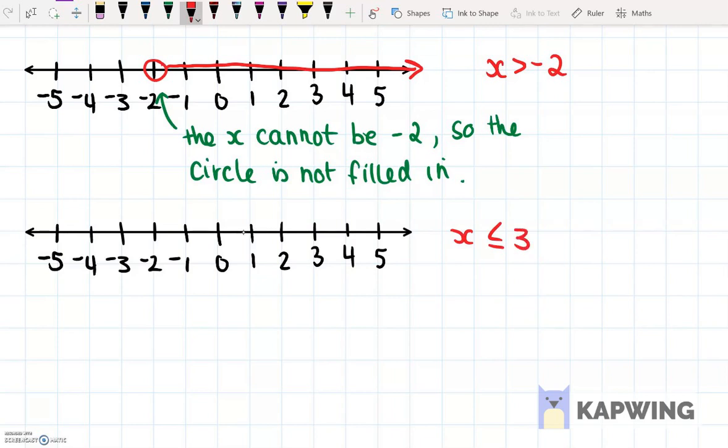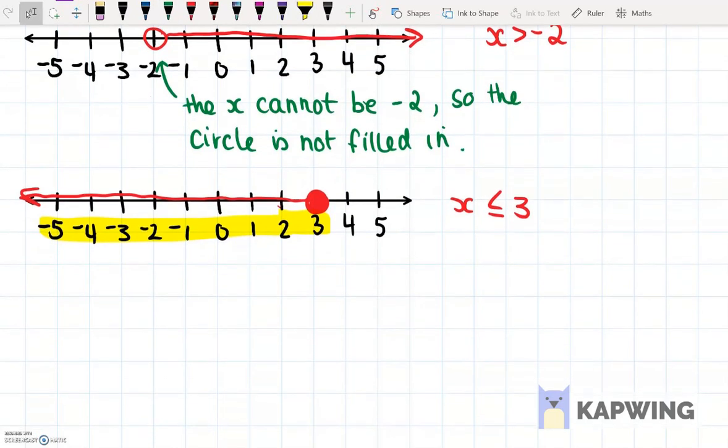Again, we're going to circle our value that x is at maximum, and that's 3 in this case, and we're colouring it in because x was less than or equal to. So it's or equal to, therefore we colour it. Now we draw a line going down because x is all the values below 3. So that means x can be 2, it can be 1, it can be 0, it can be any of these numbers below here, including 3, and any values in between them as well.